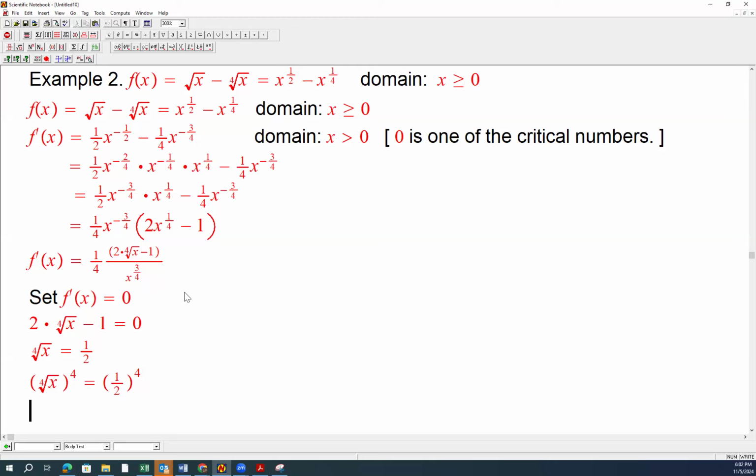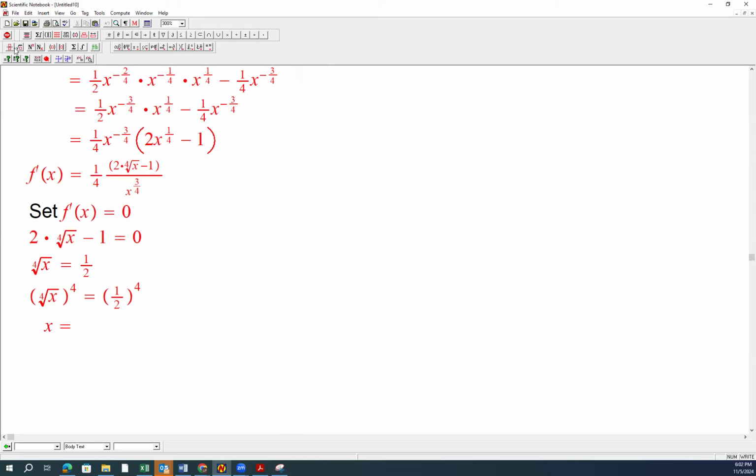Now on the left-hand side, we have x, and the right-hand side is 1/16. So we got 2 critical numbers. Oops, sorry. Okay.